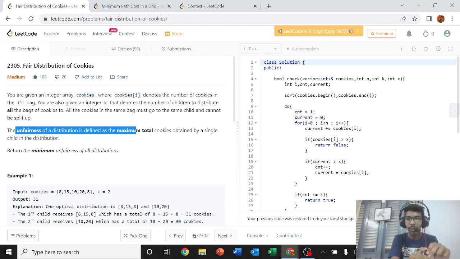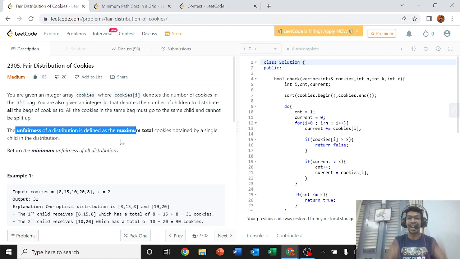Whenever we think of an optimization problem, there are three popular ways of solving it: either we solve it in a greedy way, or we try out all possible options, or we solve it using DP, or we solve it using binary search. And for minimizing the maximum or maximizing the minimum, the first thing that occurs to me is binary search.